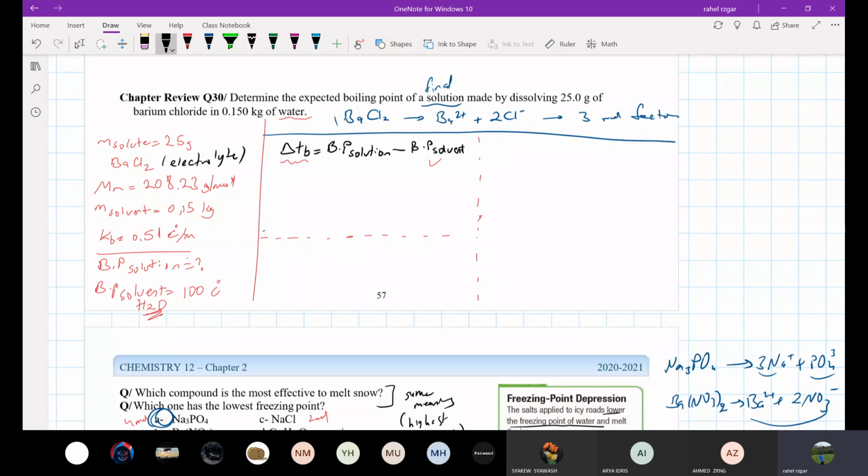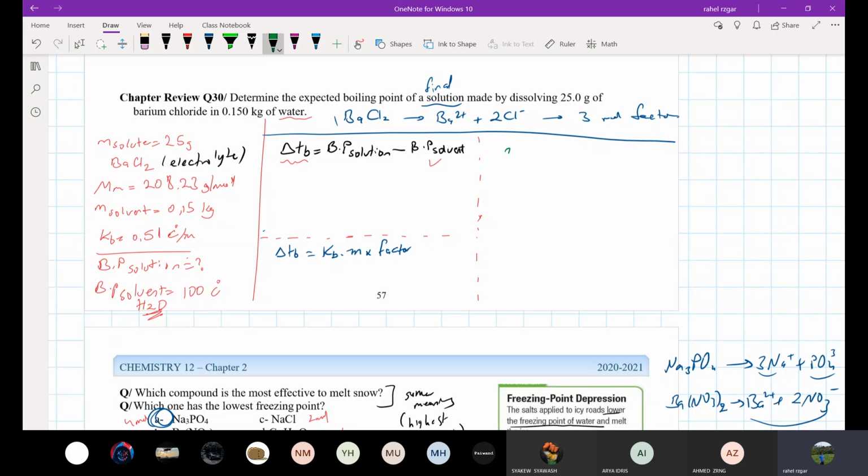Okay. Now, if you need delta Tb, delta Tb is equal to Kb times molality times factor. Easy. We have Kb, we have factor. Now, the rest is just like the same questions before. Nothing will change. We need molality as usual.